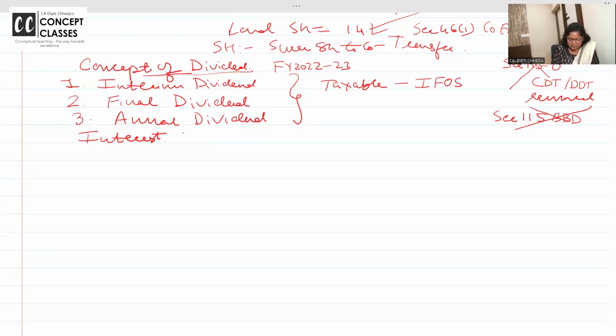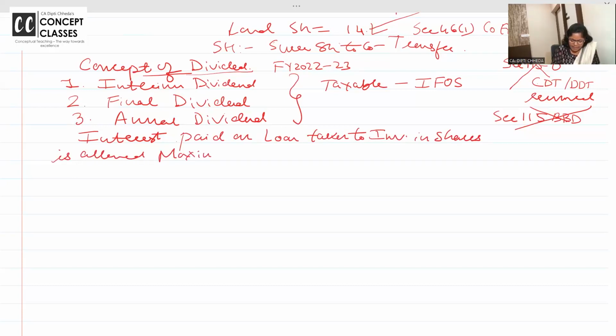Interest paid on loan taken to invest in shares is allowed maximum up to 20% of dividend received. Are you all with me?